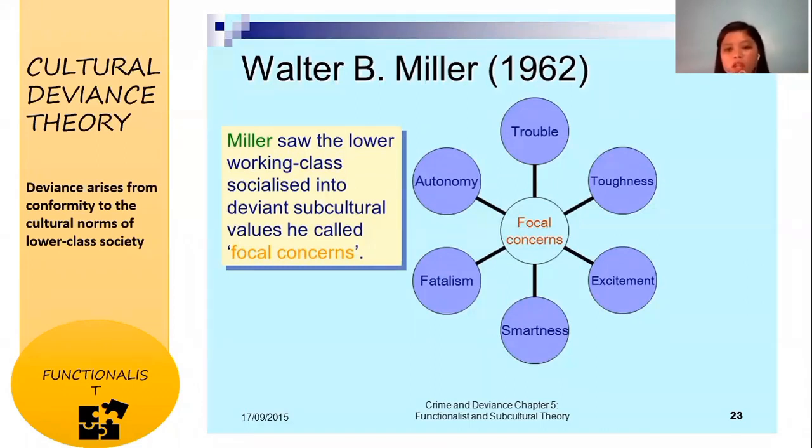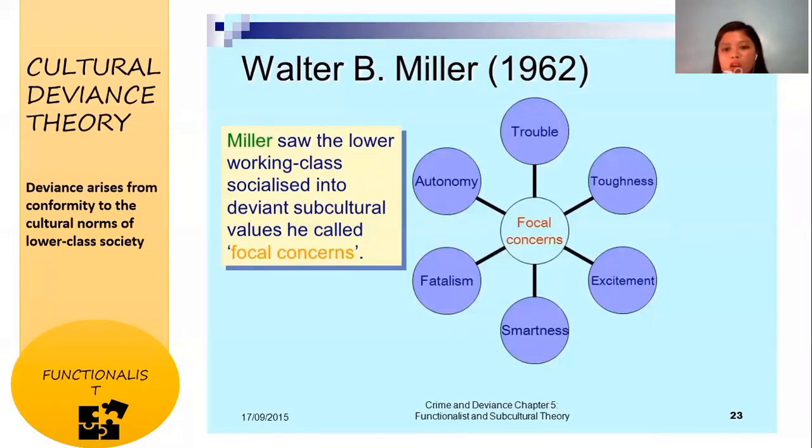Next, we have smartness. People in the lower class usually use what we call smartness, wherein they tend to use their verbal skills in order to manipulate people.